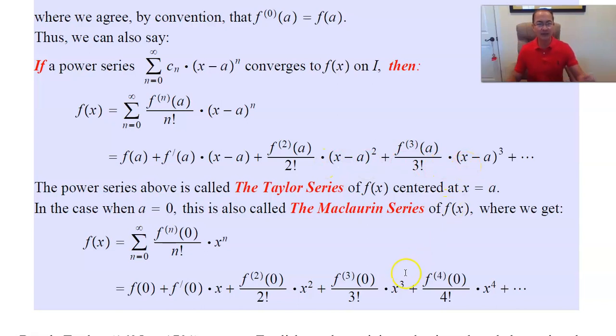It's so much nicer to look at. So we have f evaluated at 0, the derivative of your function evaluated at 0 times x, second derivative evaluated at 0 divided by 2 factorial times x squared, and so on. Third derivative at 0 over 3 factorial times x cubed, and so on.